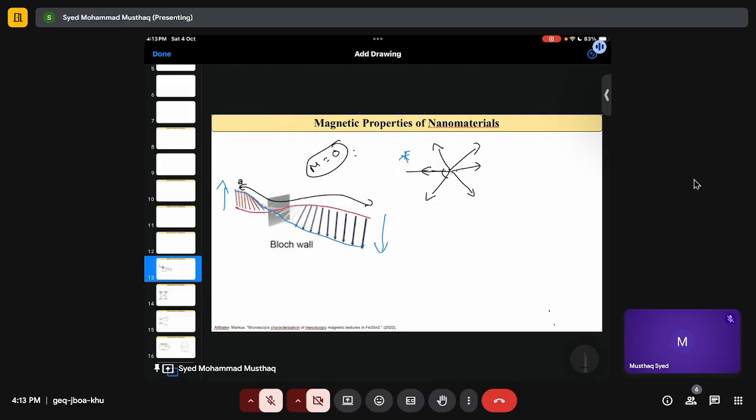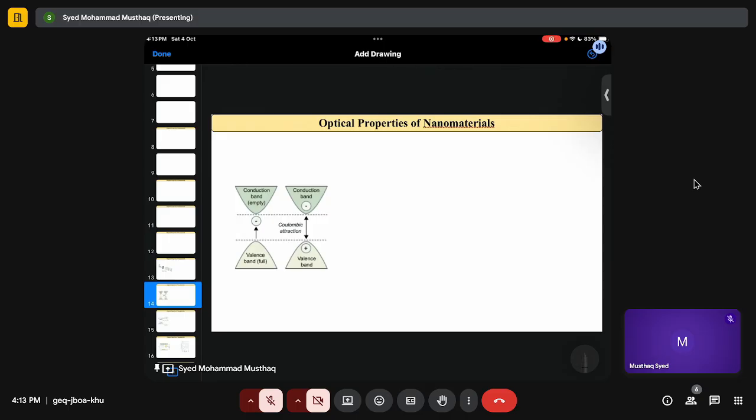Now moving on to optical behavior, right? I have mostly explained this optical behavior, like the surface plasma resonance. I have explained it many times, so I will not explain the SPR. I will only explain these Bloch waves, and also how absorption works, and also the physical optical properties.